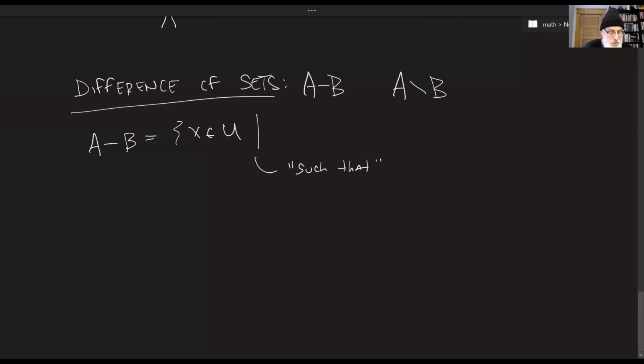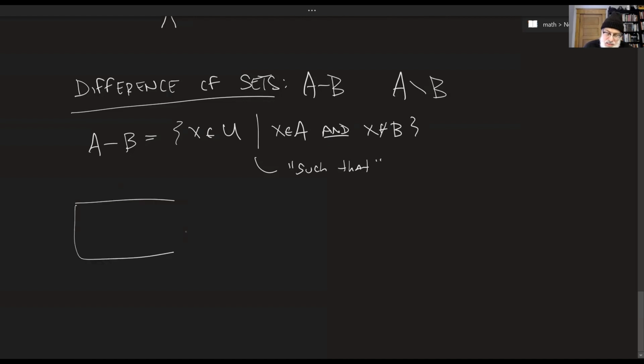So X is in U, X is in the universe, means that we want to collect all the elements that are in A and all the elements that are not in B. If A not B means I collect all the elements in A and throw out anything that it has in common with B. That's the difference of sets A and B.